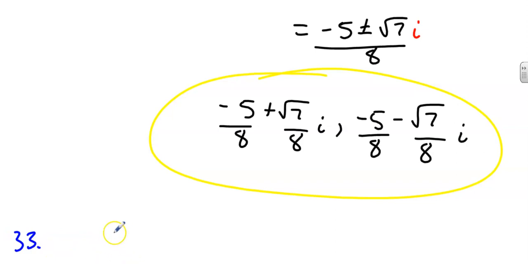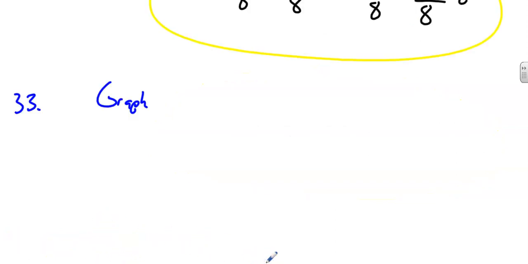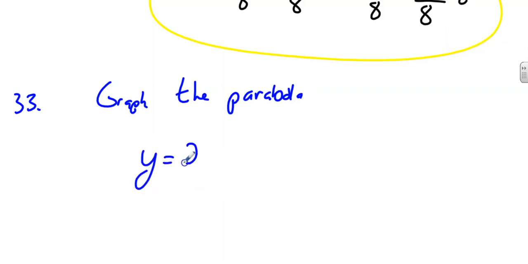All right, and the last one. Graph the parabola. Okay, and all you're going to do, again, it's going to be kind of hard to show it here when we graph this one.